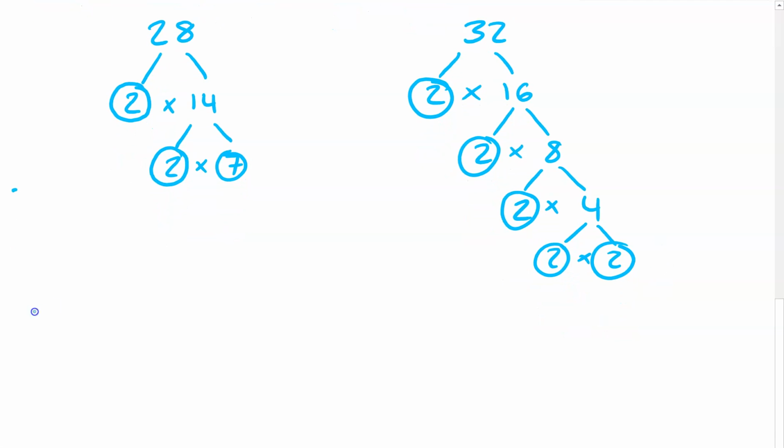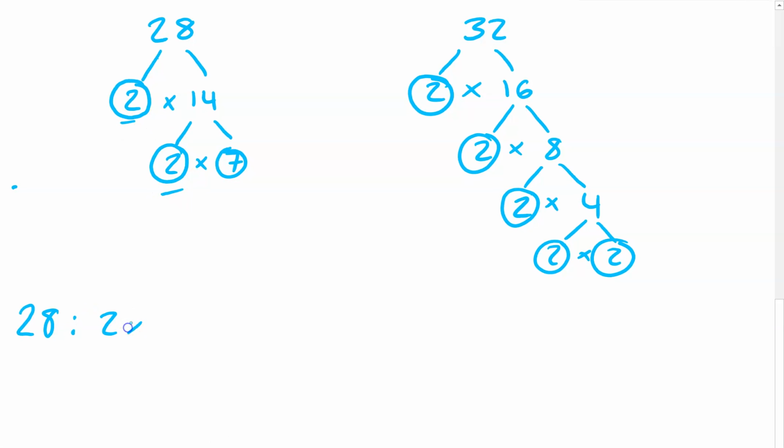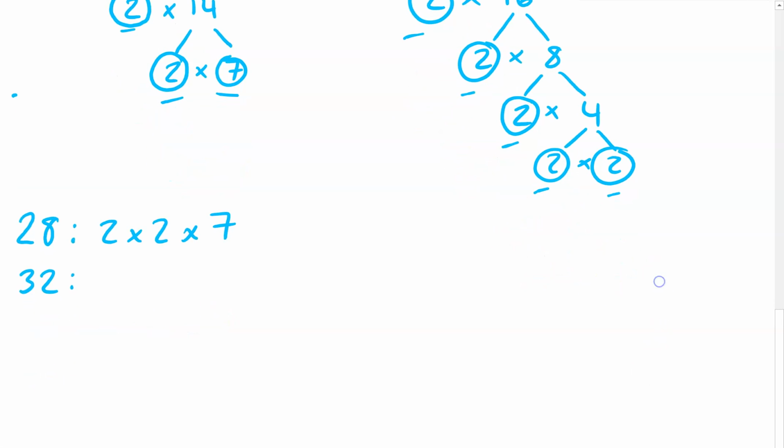So, if we write out 28, we've got 2 times 2 times 7. And for 32, we've got 2 times 2 times 2 times 2 times 2. There's 5 2's there. So pair up.